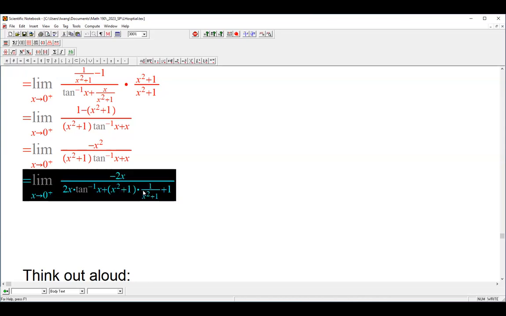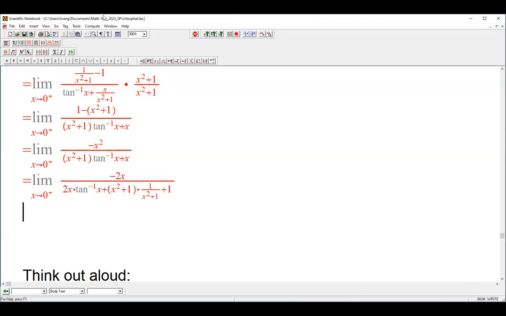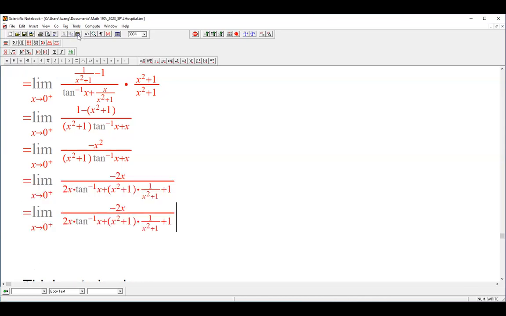Okay, product rule applied in the denominator plus 1. Simplify. This piece makes 1. So we have a 2. Right?